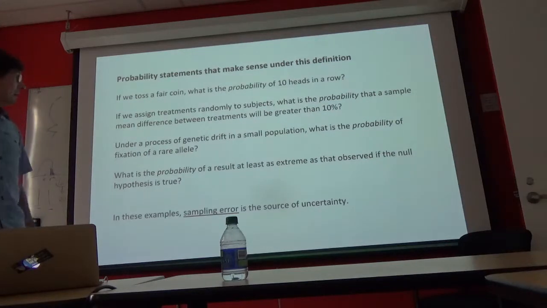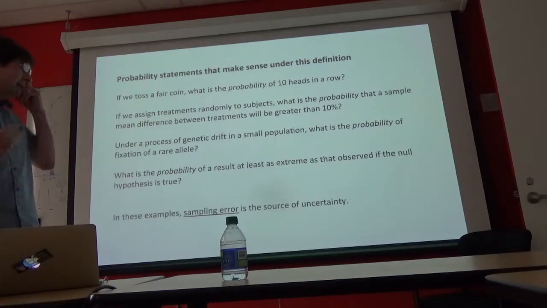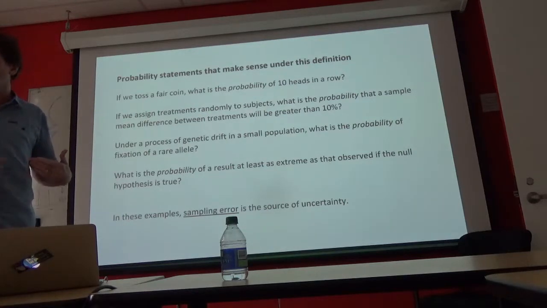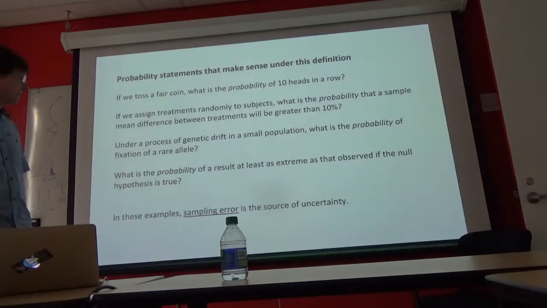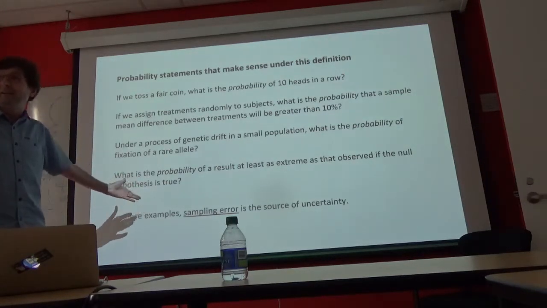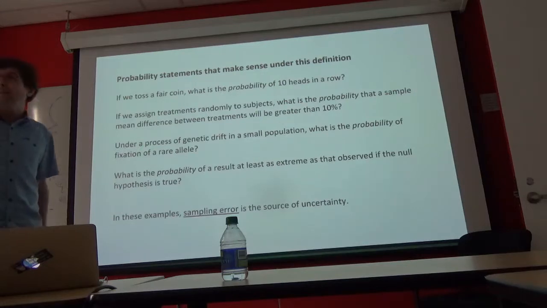If we model a process of genetic drift in a small population, what's the probability of fixation of a rare allele? We can ask that because we recognize that every generation represents another random trial, and so we can use a model where the probability is defined as a frequency. And then our favorite, of course, the one that was up for discussion today: what's the probability of a result at least as extreme as that observed if the null hypothesis is true?